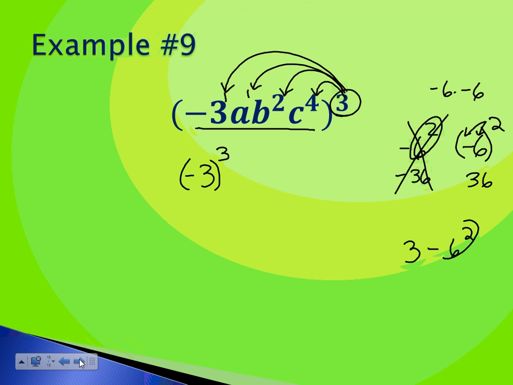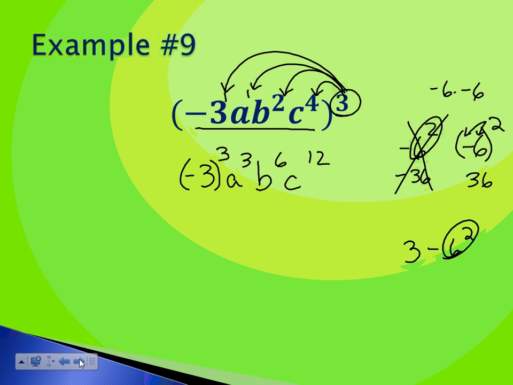You would square the 6 and then drop the negative, right? Does that make sense? So without the parentheses, you just square the 6 and drop the negative. But with the parentheses, you actually multiply the negative with the negative. And so that will change your answer. So make sure you put parentheses around it. Okay? This will become a to the 3rd, b to the, and c to the 12th.